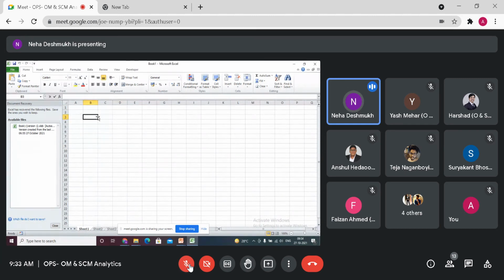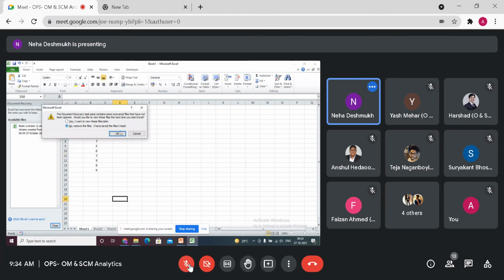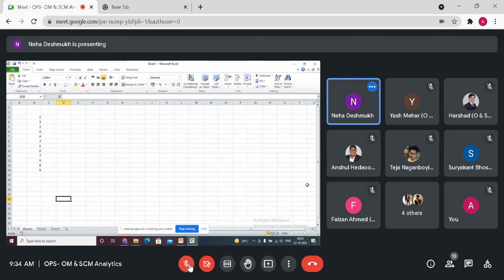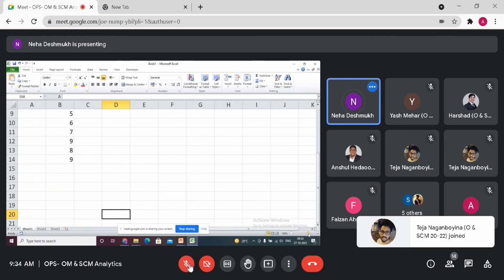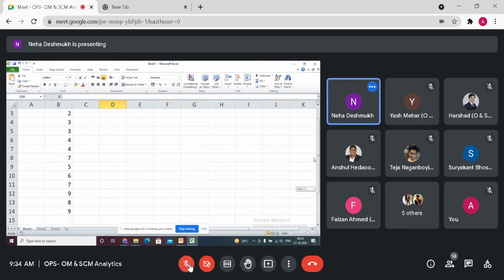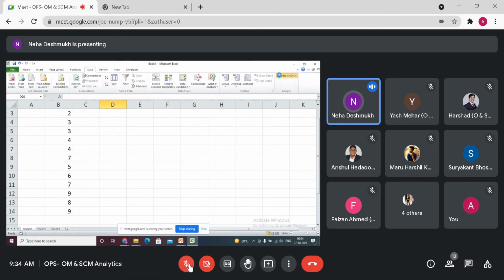Now suppose this is the data, and I want to calculate descriptive statistics about these observations. I can calculate it by data, data analysis.